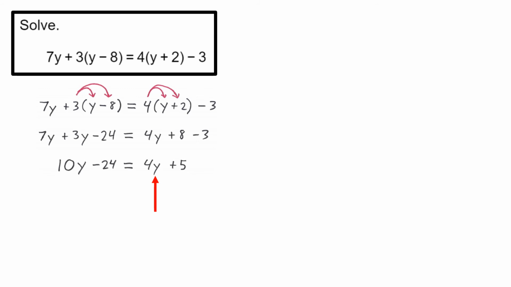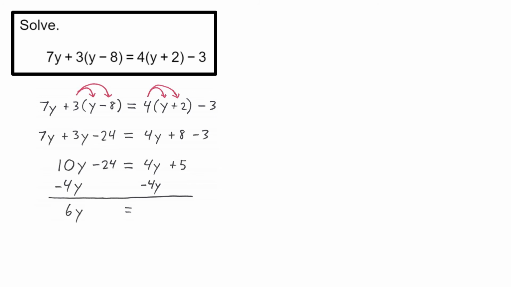To get rid of the 4y, you subtract 4y, and whatever you do to the right side, you have to do the same thing to the left side. Notice I write minus 4y under the term that it's common with. We then draw a line and we'll combine all the terms. 10y minus 4y is 6y.